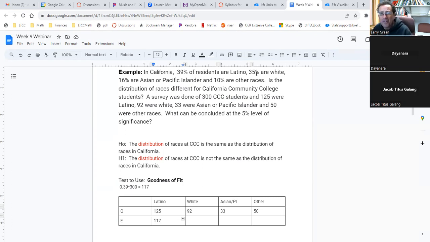Okay, 35% are white. So if we want to find the expected number of whites, we do the same idea, except instead of 0.39, you go 0.35 times 300. Any questions on that? And that is 105, if I did it right in my head.